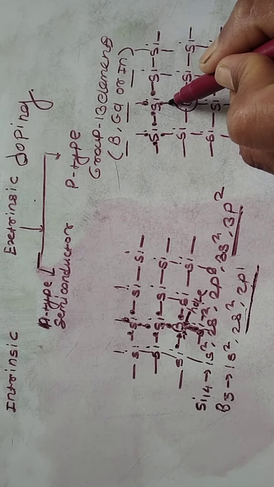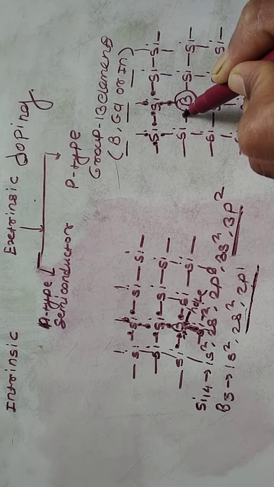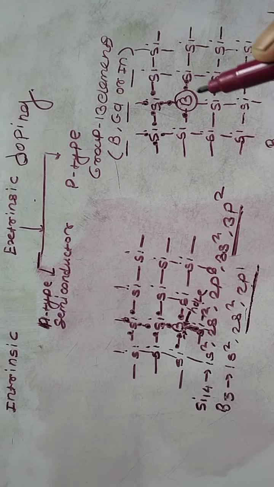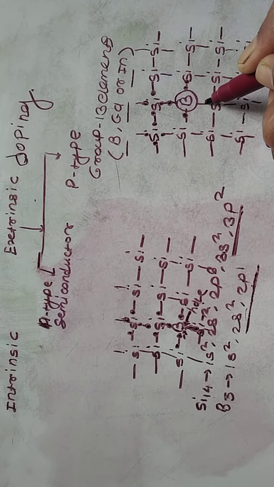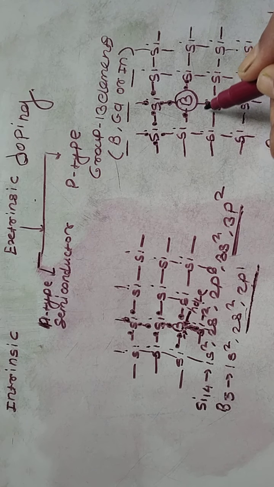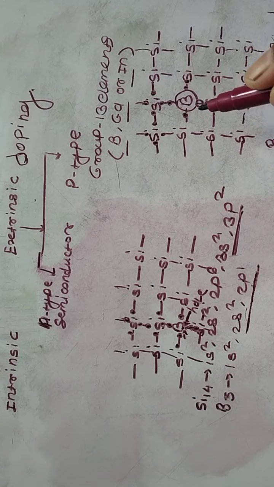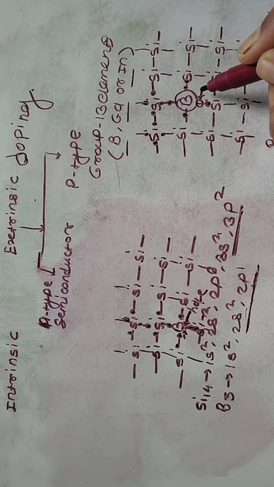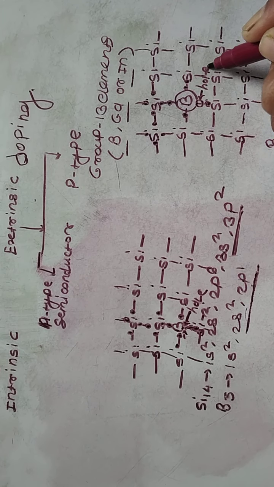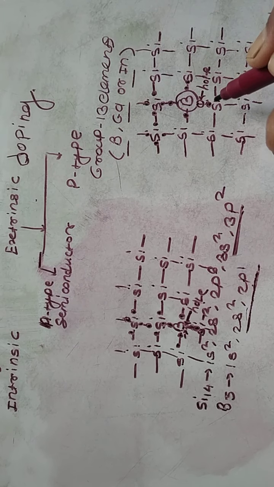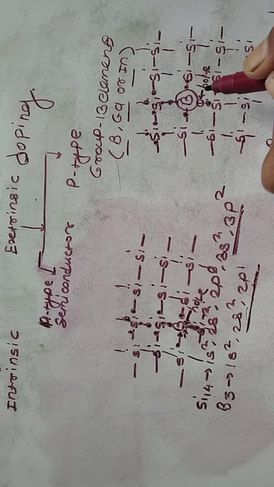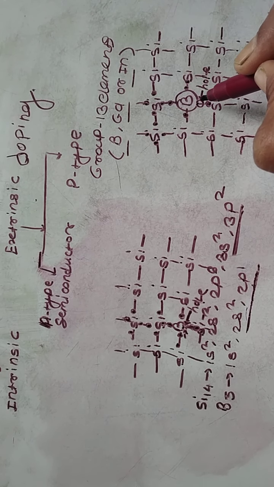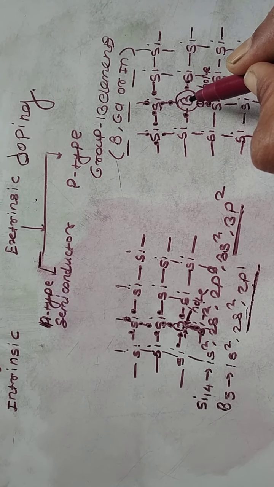But in case of boron, there are only 3 electrons in its valence shell. That's why this space is vacant. There is no electron, and that's why it is called a hole. Four electrons are required for sharing with silicon atoms, but boron has only 3 electrons.